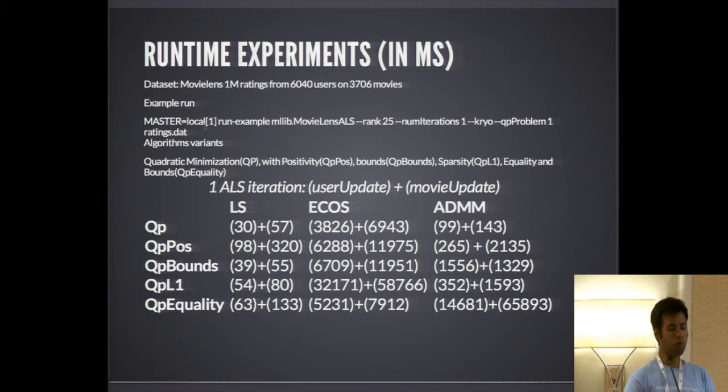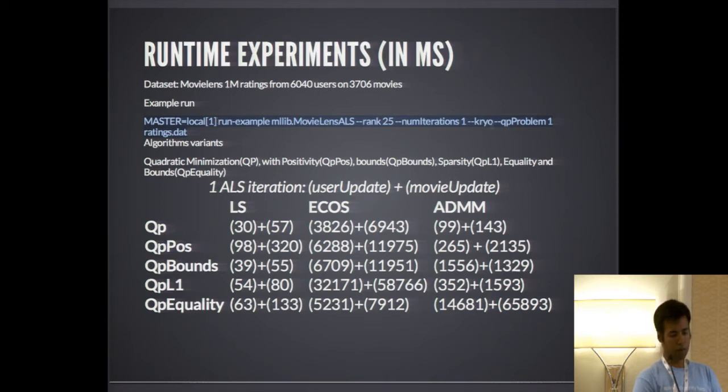We took the MovieLens data set, which comes with MLlib now, which has 1M ratings from 6,000 subscribers and 3,000 movies. The way to run the code is not very different from what you do right now. I did local testing just because I wanted to see how far we are in terms of runtime compared to least square, which is the baseline.